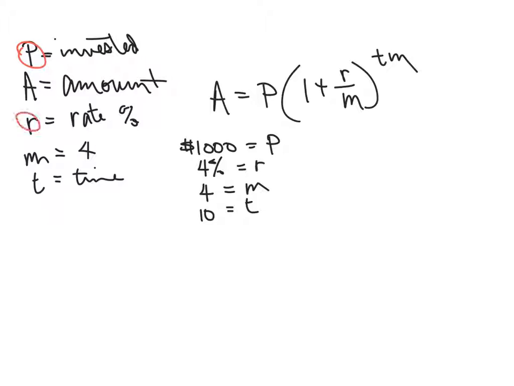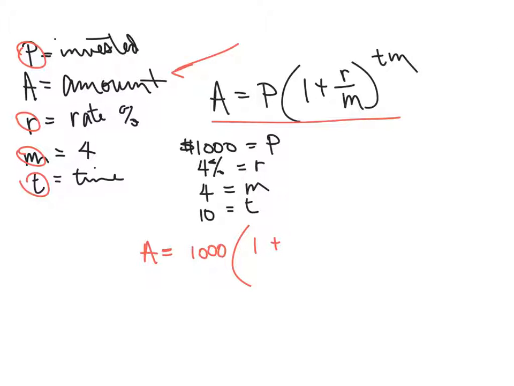So I have P, R, M, T. What I'm looking at is the amount, so I'm going to use this formula in order to find that. A equals my principal times 1 plus my interest. Interest is always written as a decimal, not as a percent, over M, to the T times M. You're going to put that in your calculator and find it.